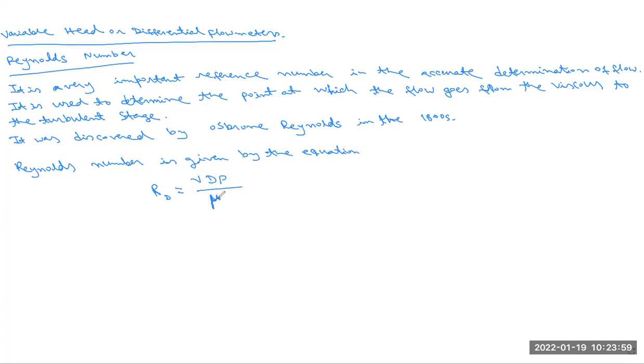This is mu. Okay. Where RD is the Reynolds number. This is very important. Short notes on it are coming in your semester exam papers also: write short notes on Reynolds number. So these are the given equations.